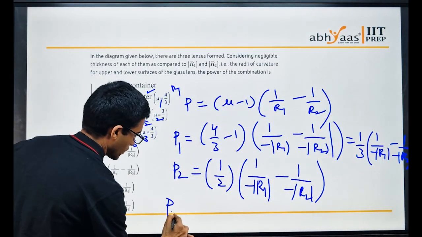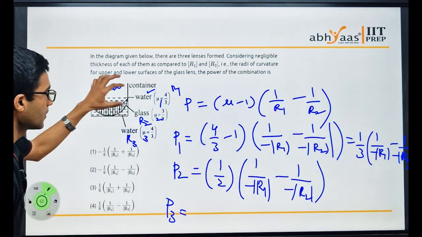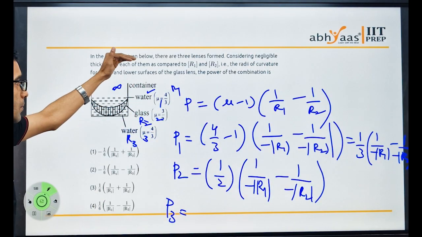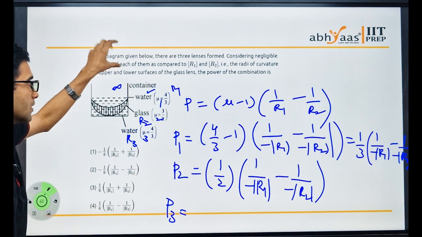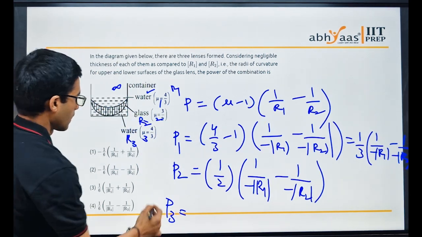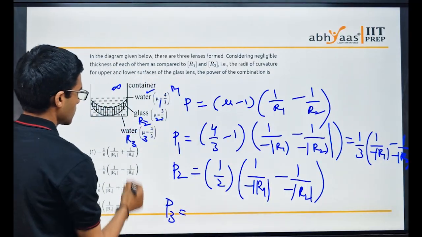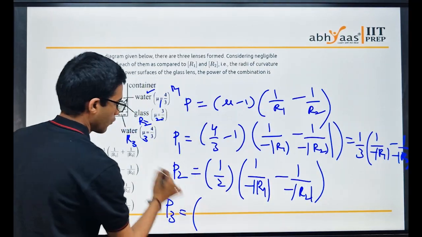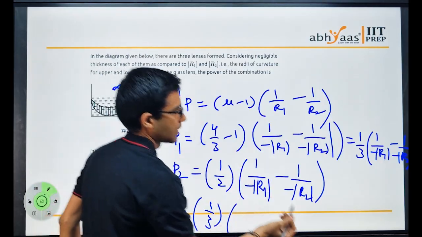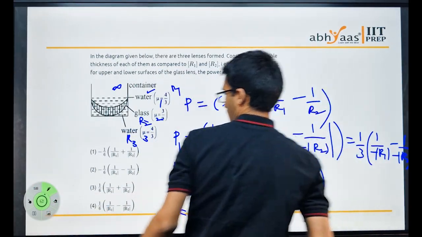Similarly, P3, if you calculate the same way: the first combination is from infinity, that means outside to water, water to glass is P2, glass to water. The second combination is water to infinity. Here 4 by 3 minus 1, directly I am writing 1 by 3. Here R1 is infinity.